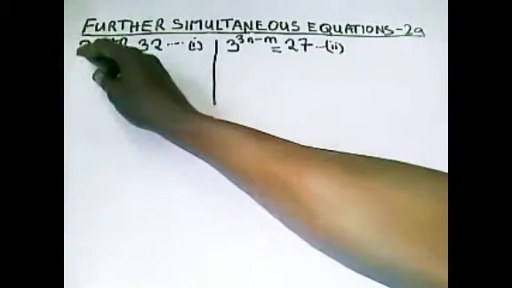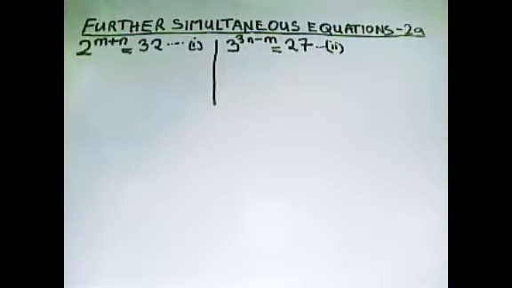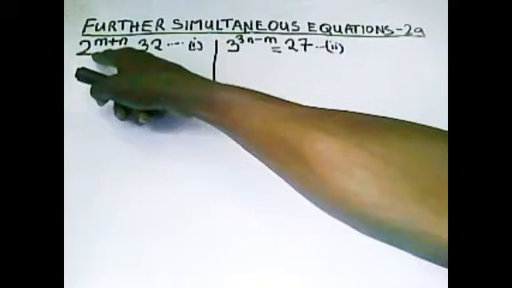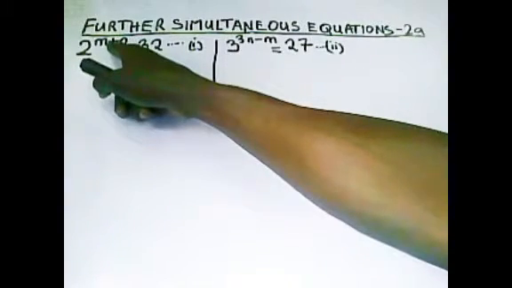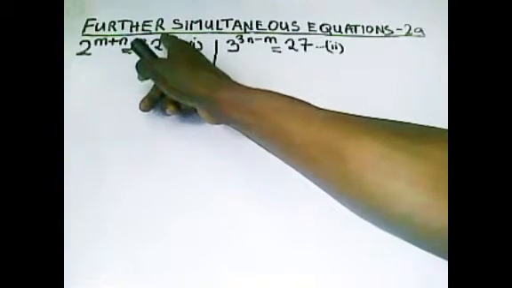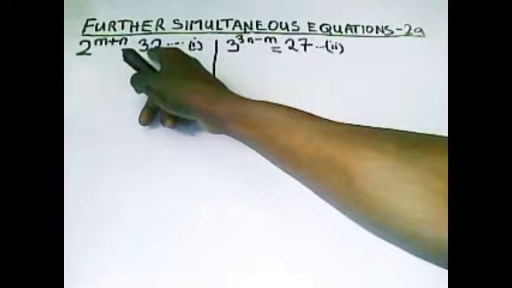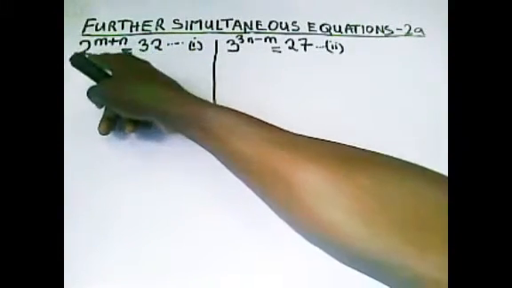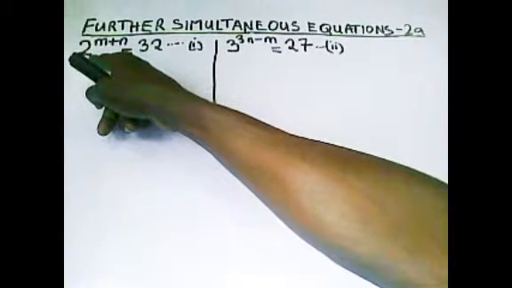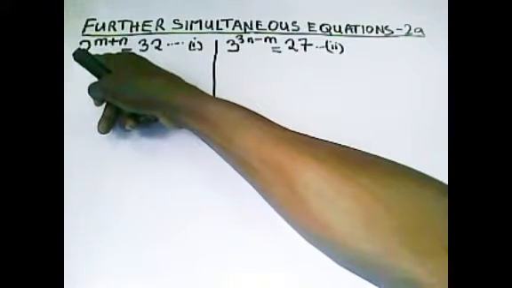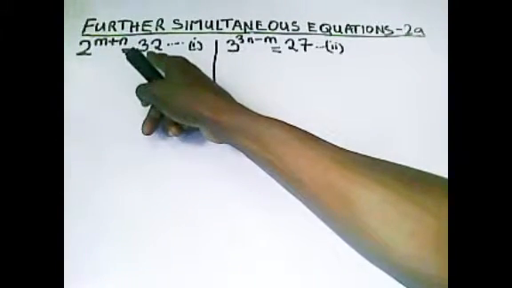You would observe here that we have a base and a power, and the base 2 carries the power m plus n. To the right of that equation we have 32. There is no power except an invisible one. Now 32 is not in its simplest form, so we ask ourselves, how many places will 2 multiply itself to give us 32?